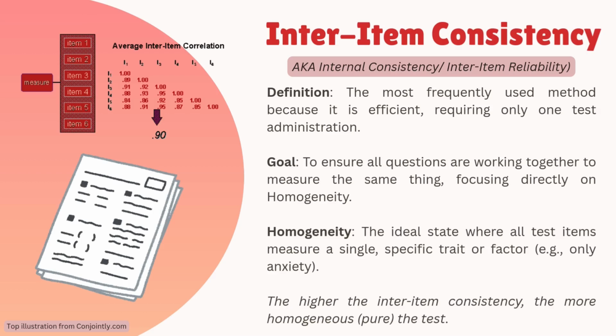So this method directly focuses on homogeneity. This is the ideal state where all items on your test are measuring a single specific trait or factor. For example, a test is only measuring anxiety, not a mix of anxiety and depression.